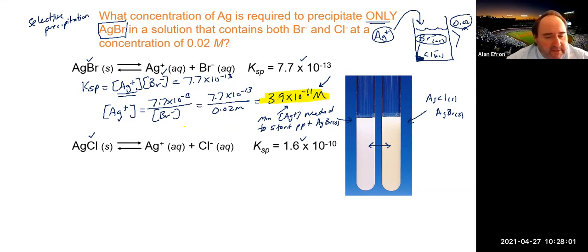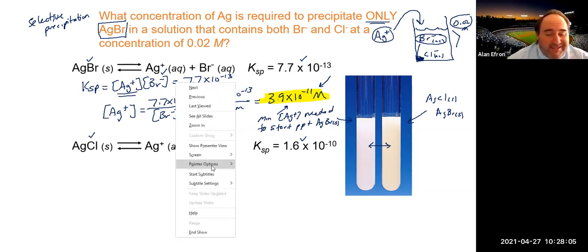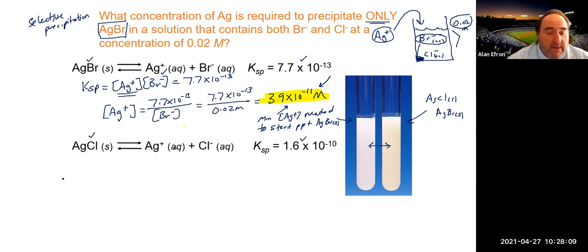Well, that's good for silver bromide, but what is the deal with silver chloride? What is the silver concentration needed for silver chloride? We basically could do the exact same calculation. The KSP is equal to our silver in this case, times our chloride. Again, 1.6 times 10 to the minus 10. We also know the concentration of chloride floating around that solution. It is also 0.02.